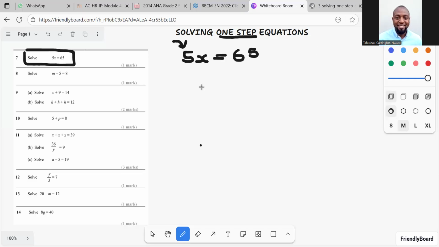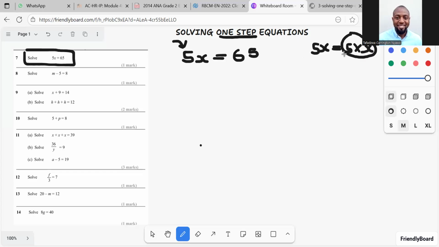So if you look at 5x, what does 5x mean? 5x simply means 5 times x. That's what it means. And for us to remove this 5 from x in order to make x the subject of formula, we need to apply the inverse of multiplying, because 5 and x are both multiplying.